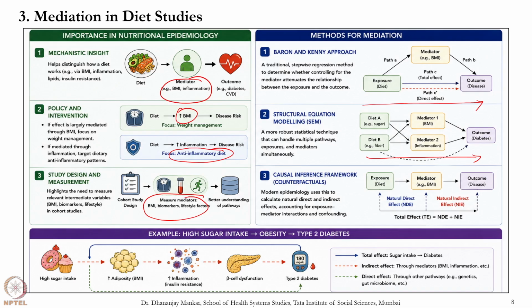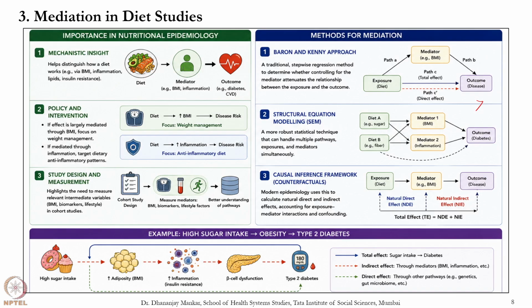Let me give you an example before I come to a detailed discussion of this. There is an example of high sugar intake, obesity and type 2 diabetes as an association, which we are now in a good phase to understand.